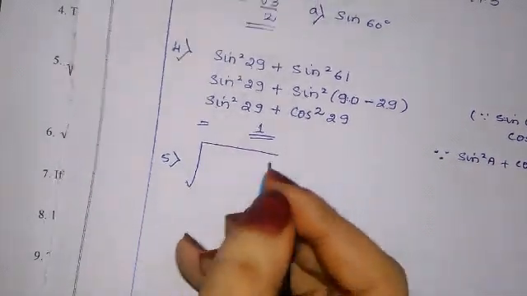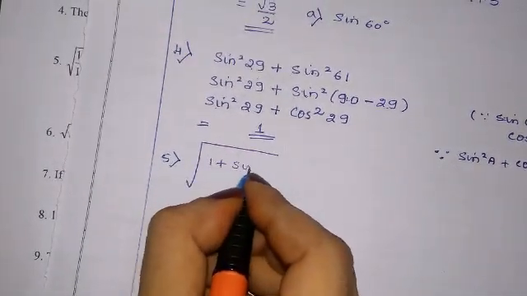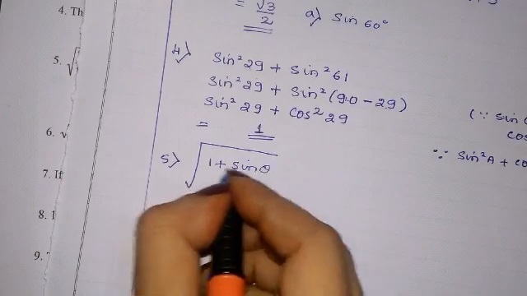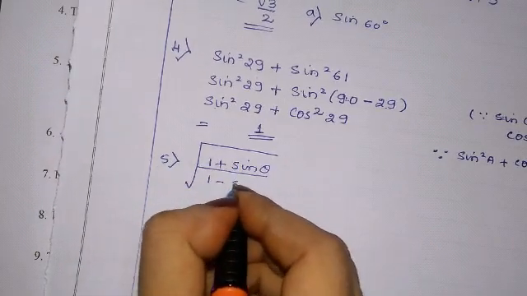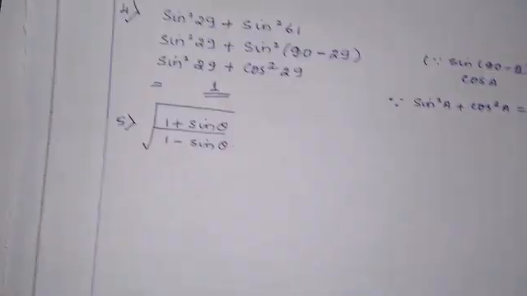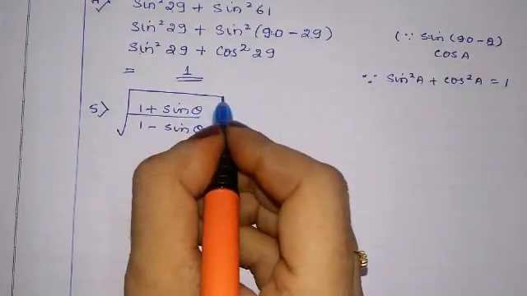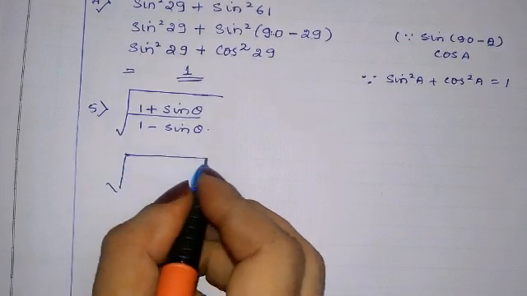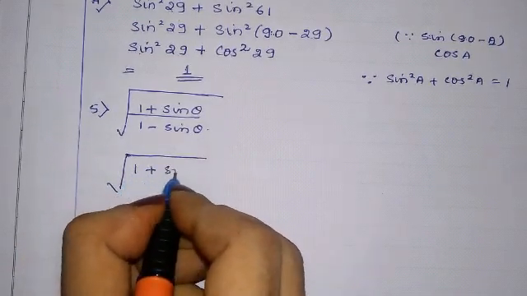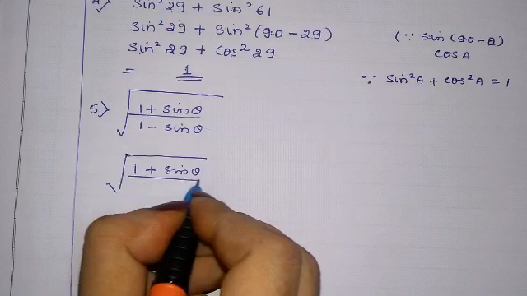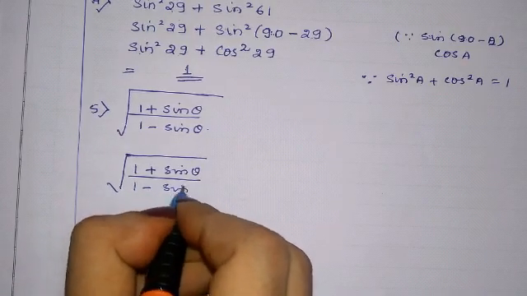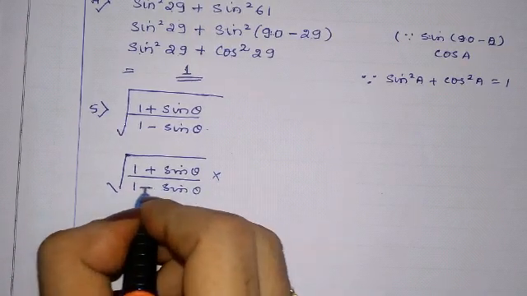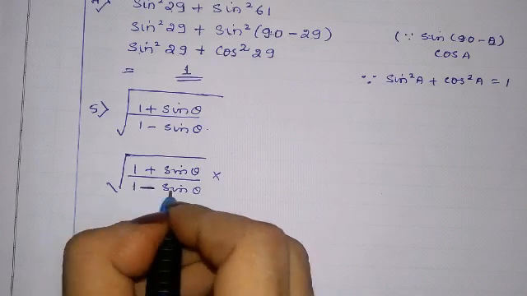Root of 1 plus sine theta upon 1 minus sine theta. We know to rationalize the denominator. We have already learned in the 9th standard, rationalize the denominator.